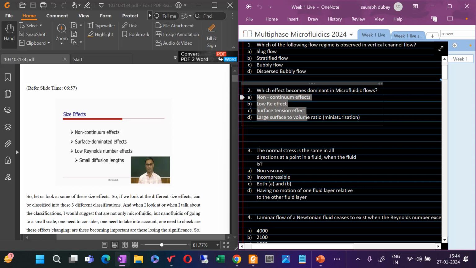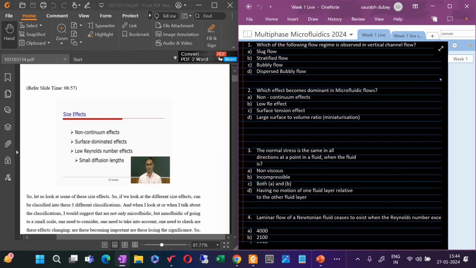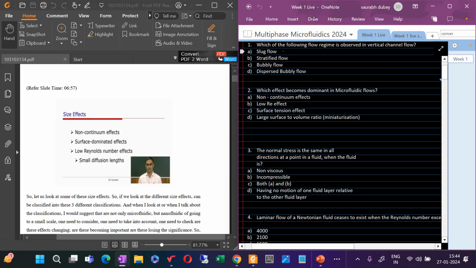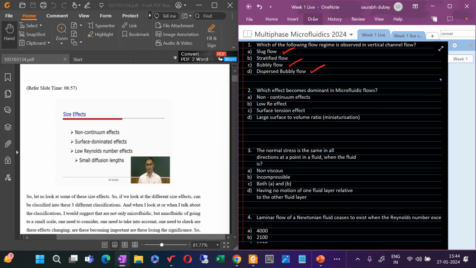All four effects become dominant in microfluidics. So in the first one, as you said, the answer will be A, C, and D.